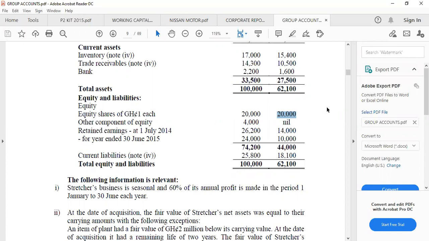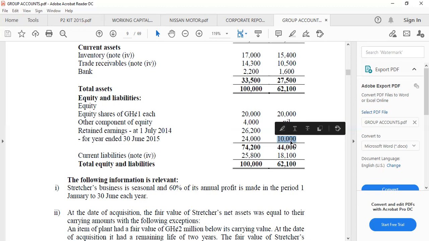So that means at the beginning of the year they have 14,000, but they had done 6 months before we acquired them. So it means that their retained earnings will be the one at reporting plus the profit made before we acquired them. You can see that they have given you retained earnings for the year. This is profit for the year. If no other information is given about the profit made for the year, what we do is divide this by 2, because this is for 12 months.